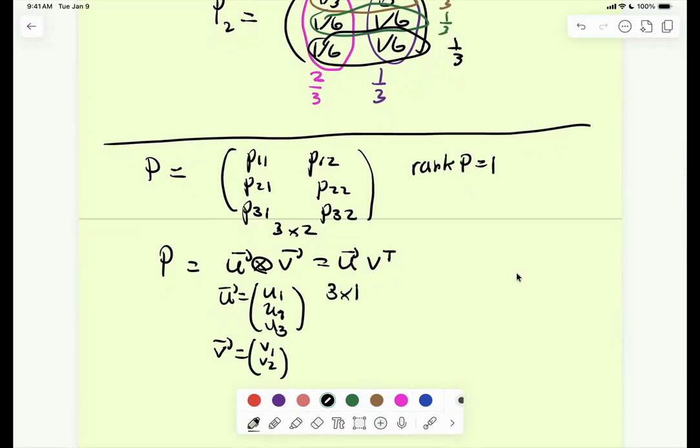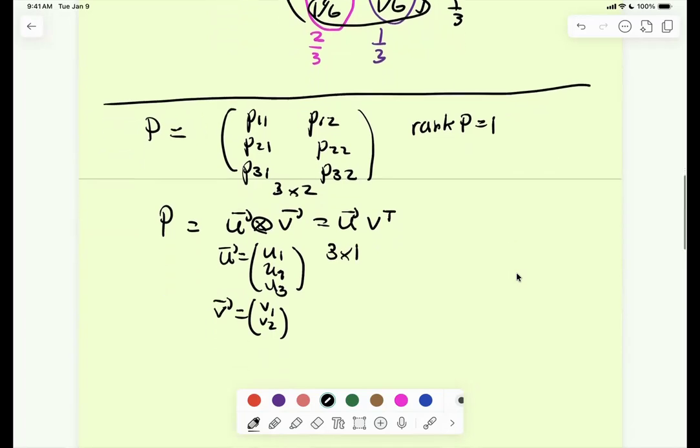When you transpose it, V transpose is 1 by 2, and this makes sense. The tensor product here is all the possible products: you multiply U1 with V1 and V2, so that gives you U1 V1, U1 V2.